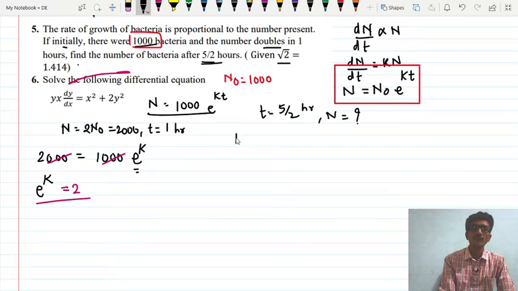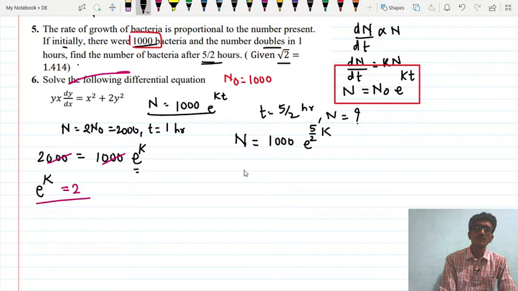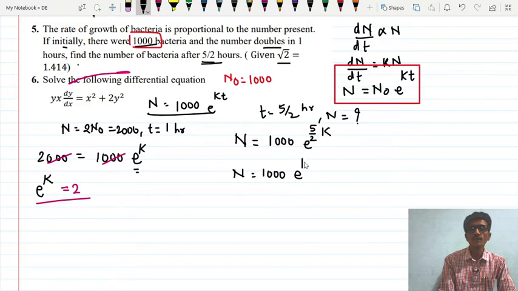So N is equal to 1000 into e raised to power k, raised to power 5 upon 2.